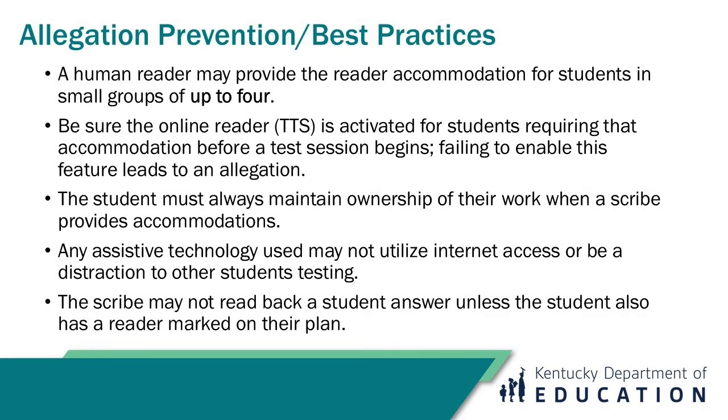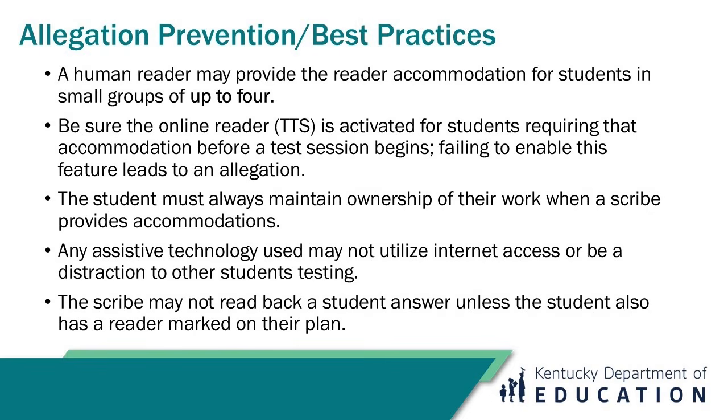These allegation preventions discuss best practices when providing the accommodations just discussed. A human reader may be provided in a small group of up to 4 students. For students using the online reader or text to speech function in an assessment, DAX or BAX need to be sure that it is activated for those students prior to the test session beginning. Failure to enable this feature, or conversely, enabling it for students who do not have it on their plan, will lead to an allegation.